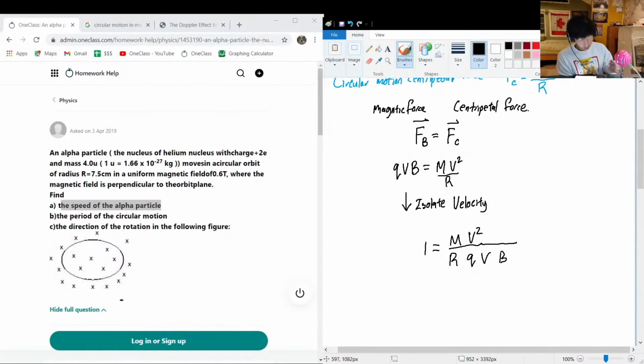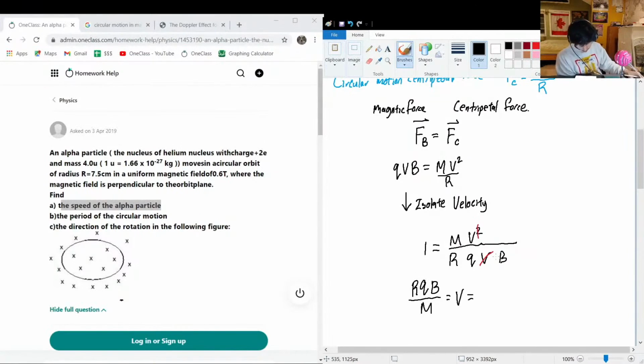If we divide both sides by q v b, that's going to neutralize the square, and then we can just bring everything to the other side except the velocity. So we're going to have r q b over m is equal to v.